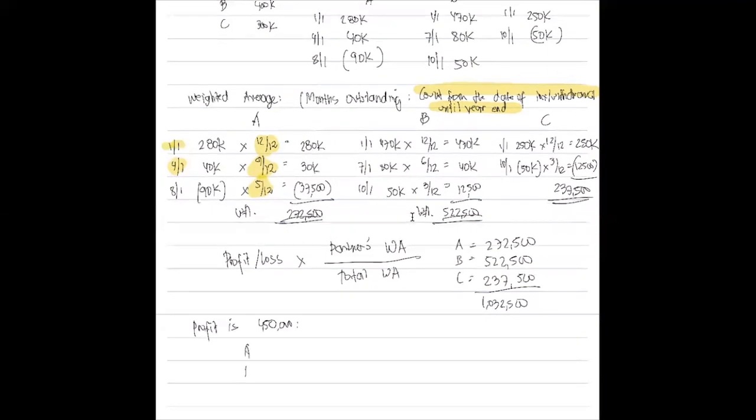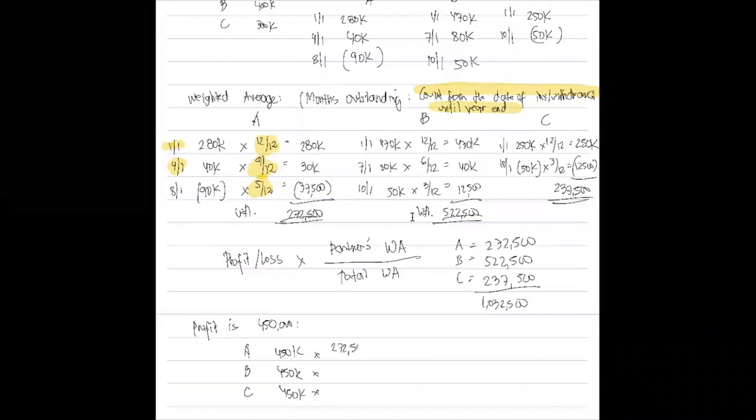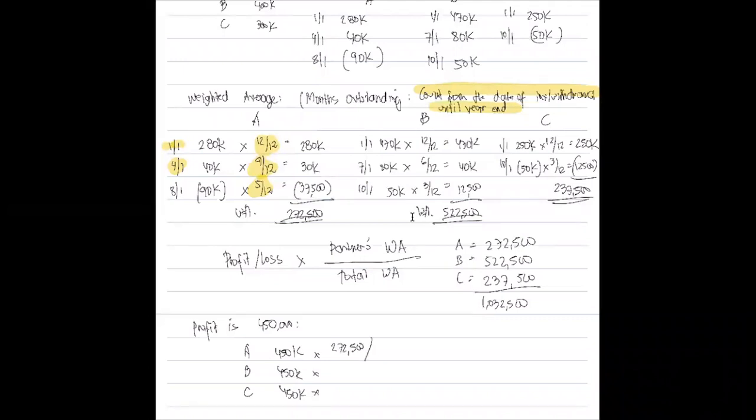So we have your A, we have your B, and we have your C. So the profit or loss we get first, 450,000. We multiply to the partner's weighted average. So for A, the weighted average is 272,500. We divide to the total weighted average of 1,032,500. How about for B?